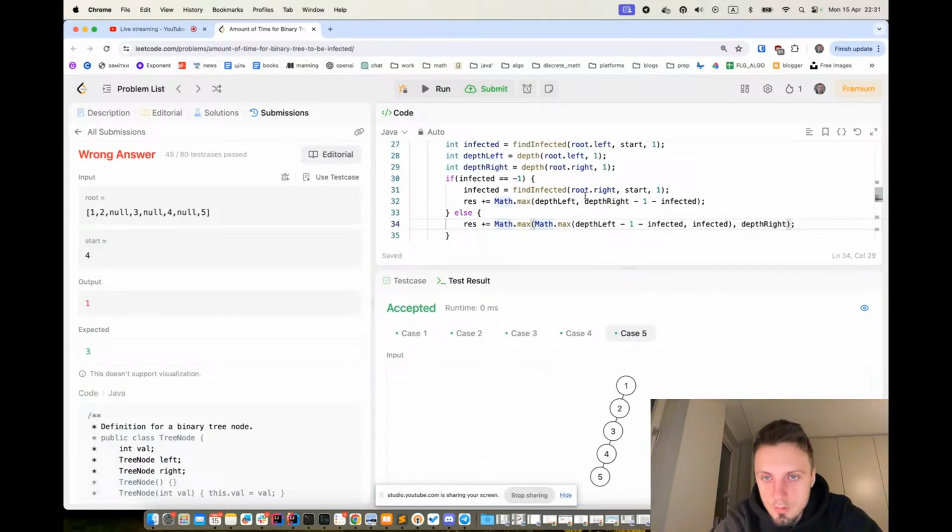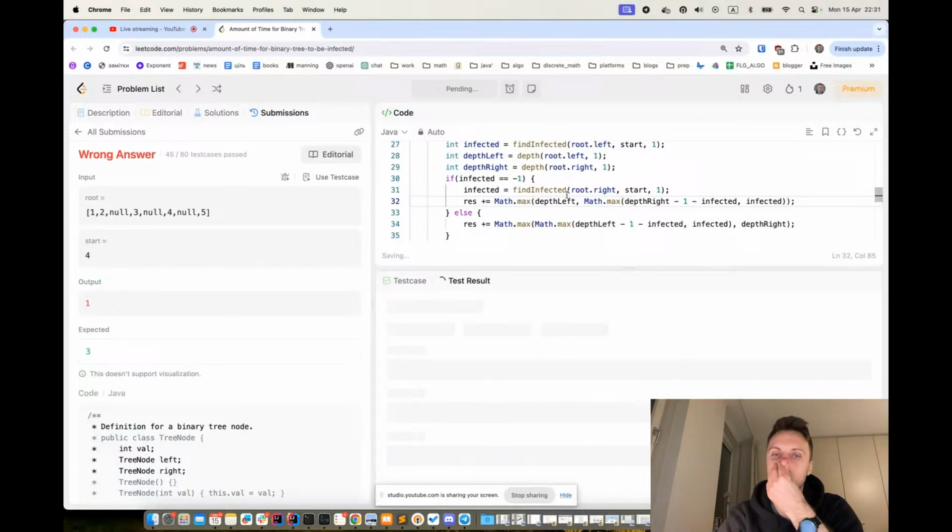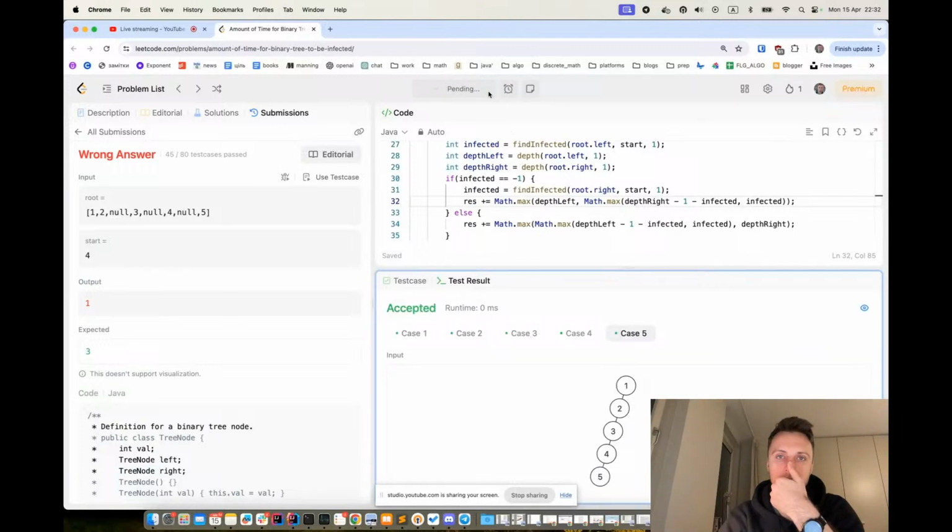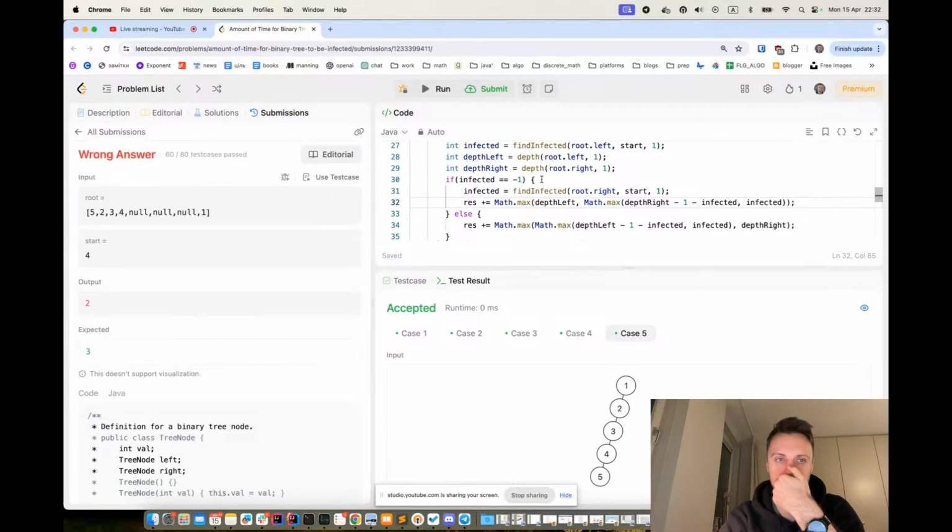And yeah, probably here as well: maximum between depth right -1 and infected. Okay, one more.